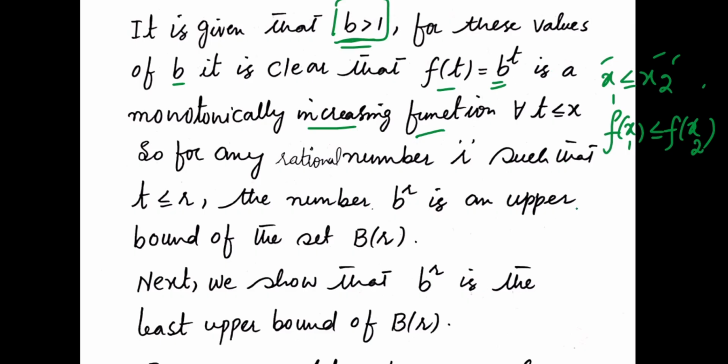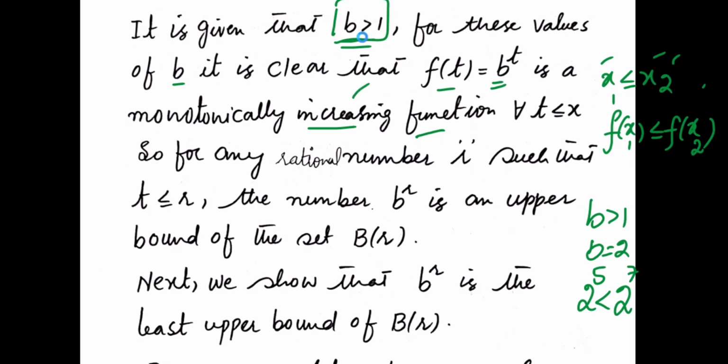So if you take any value of b greater than 1, suppose b is 2, then with 2 raised to power 5 and 2 raised to power 7, which will be greater? Clearly 2 raised to power 7 is greater than 2 raised to power 5. That shows this exponential function b raised to power t is always monotonically increasing for this value of b.